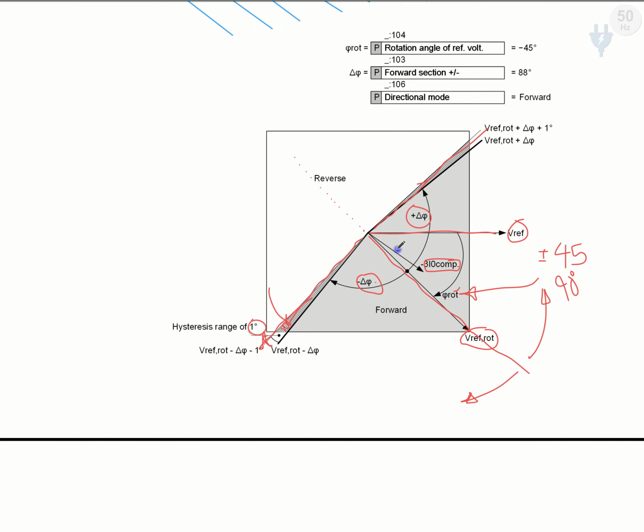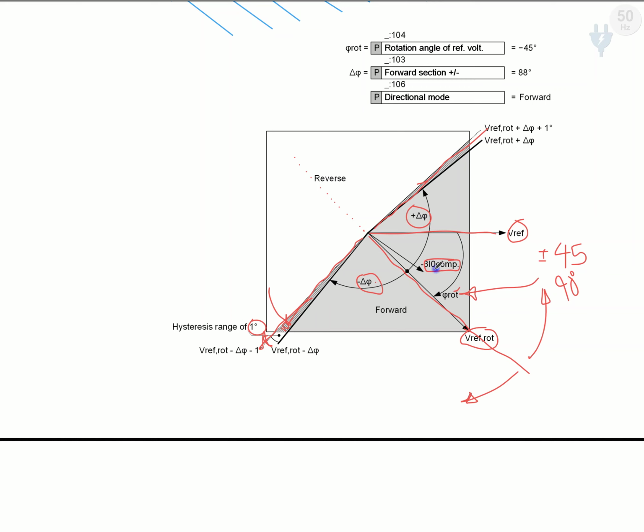But in this session, we understood the V reference, the 3I0 compensated value, and rotating our V reference closer to 3I0, and determining the forward and reverse direction, that is, how the relay determines that a fault is in the forward direction and how it declares that it's in the reverse direction.